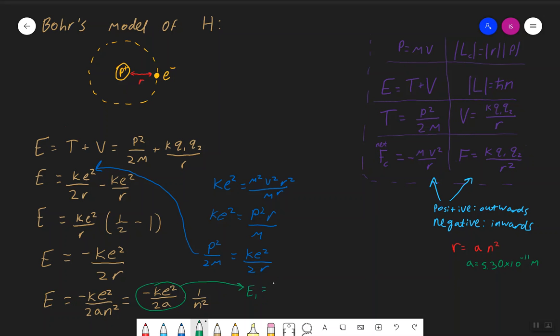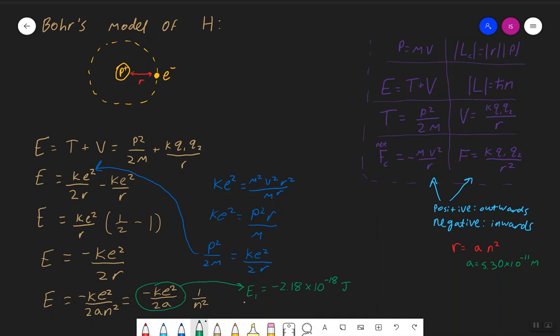which is, let's see, negative 2.18 times 10 to the negative 18th joules.